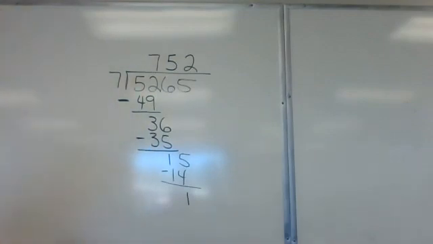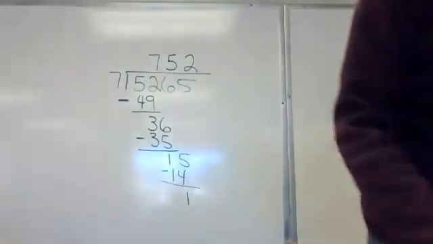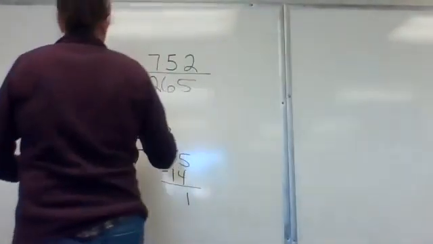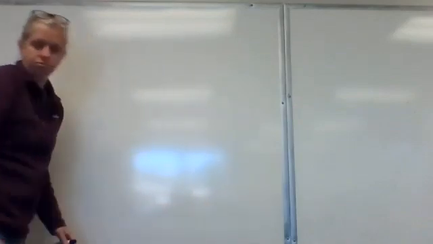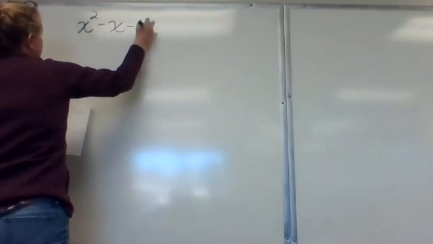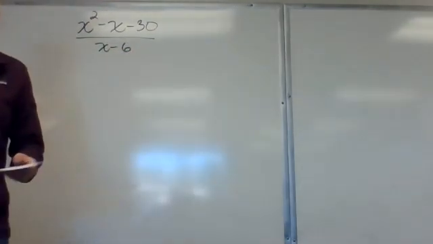Okay, so let's use these rules to help us do this long division for this section. I've got x squared minus x minus 30 over x minus 6.